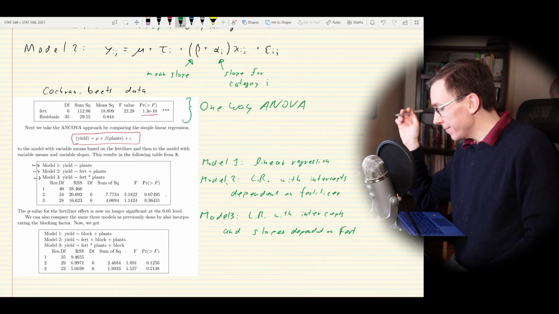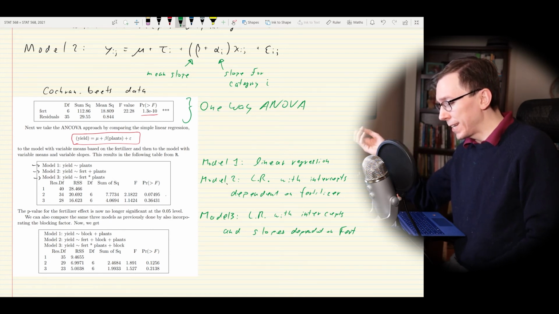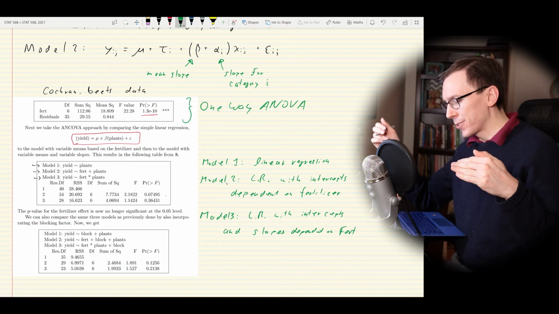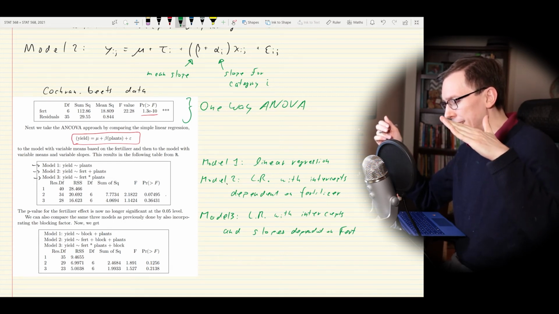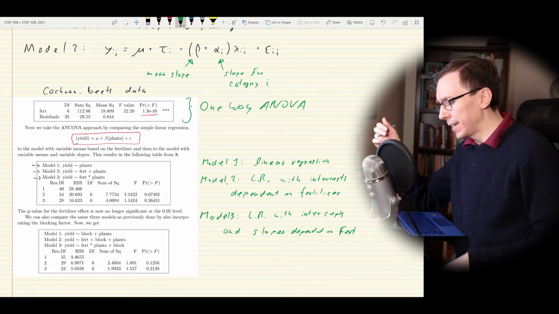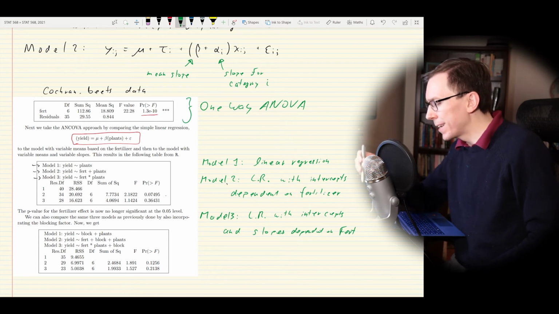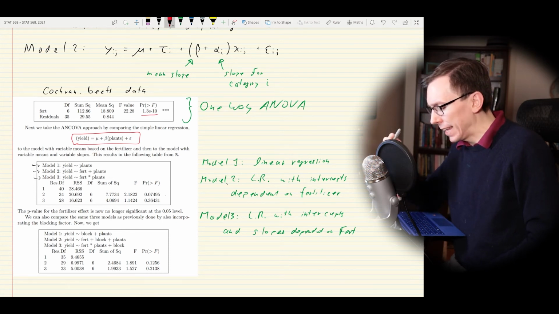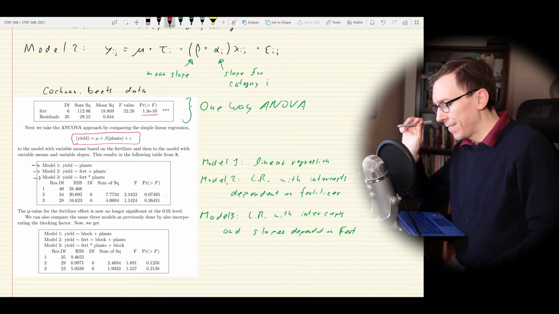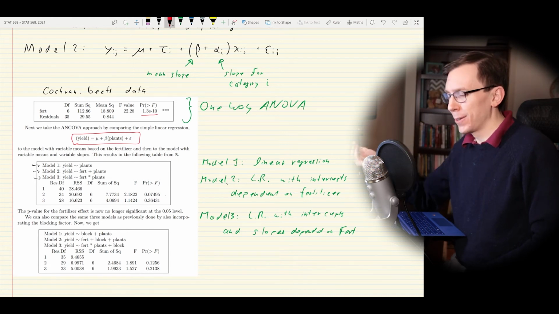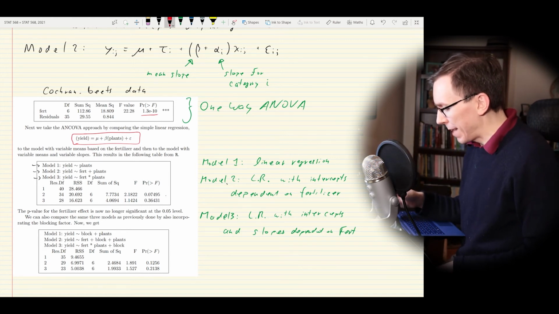Then we can include fertilizer for the intercepts to shift the line up and down. We can also include it to change the slope. And what we get is a collection of nested models, which can then be compared with an F-test.